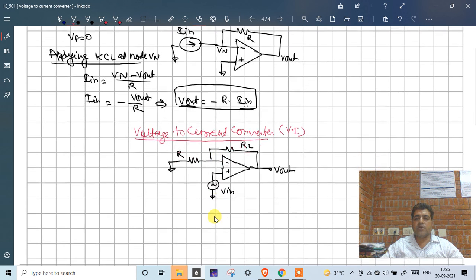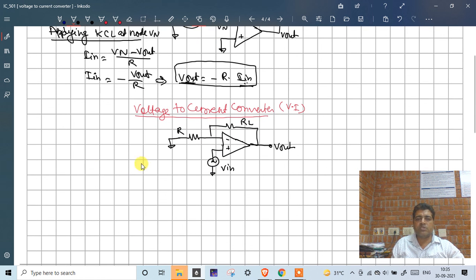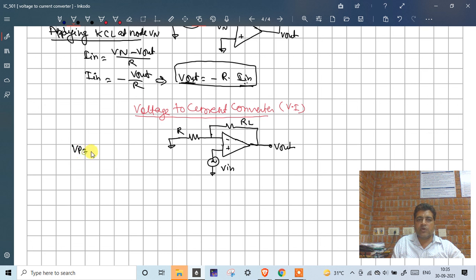So again, we are going to apply the op amp concept. First we see that my RL resistance is between the negative terminal and the output. So op amp is in negative feedback. So my Vp is equal to Vn.